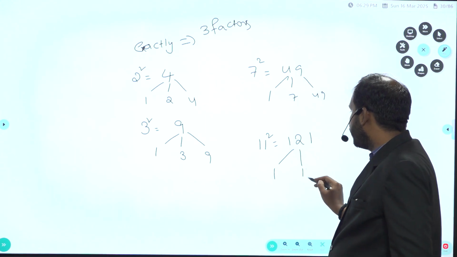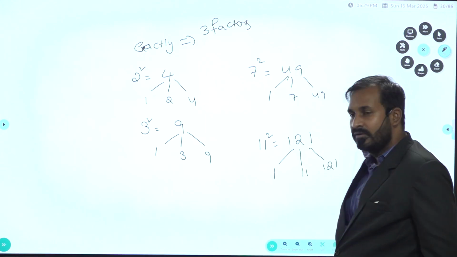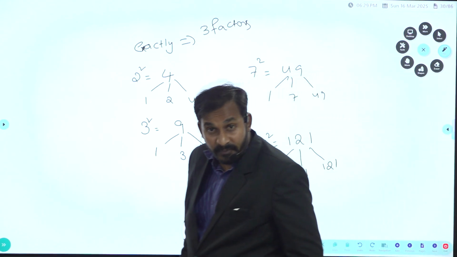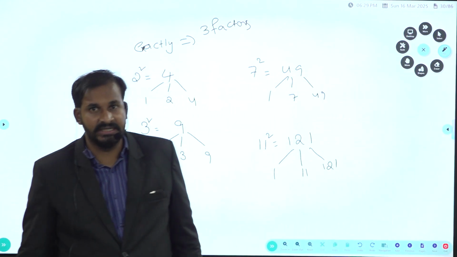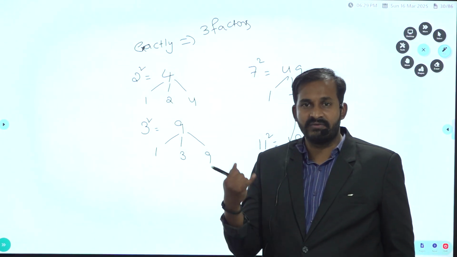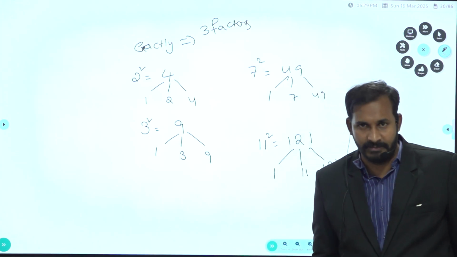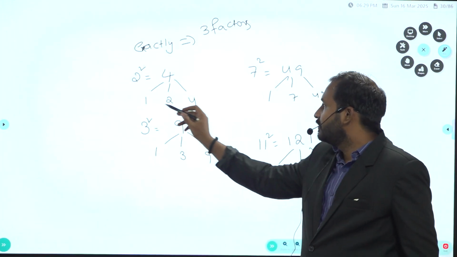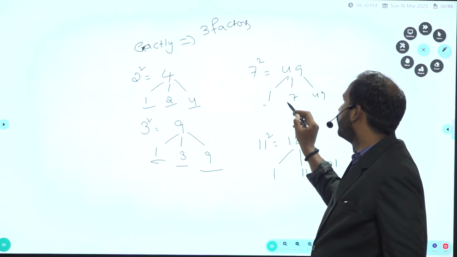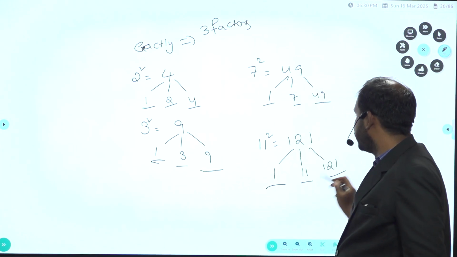What are the factors for 121? 1, 11 and 121. From this we should understand one basic thing, that the squares of prime numbers will have exactly 3 factors. And those factors are 1 itself and that prime number. Please see here: 1, 2 and 4. 1, 3 and 9. 1, 7 and 49. 1, 11 and 121.